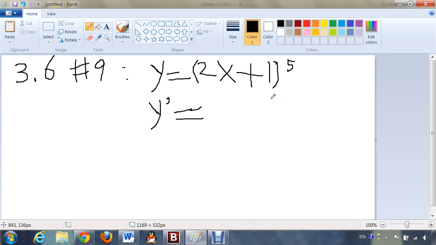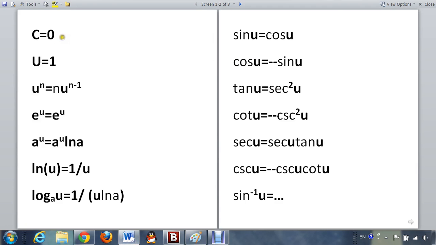Okay, first thing, remember what I said? First thing is to match this expression here with all the rules that you know, and see if you can find a rule for this. So this is something to a power, right? Something to a power. So now let's look at the rules. We have constant, we have the derivative of e to the power, and now we find that there's a rule for something to the power.